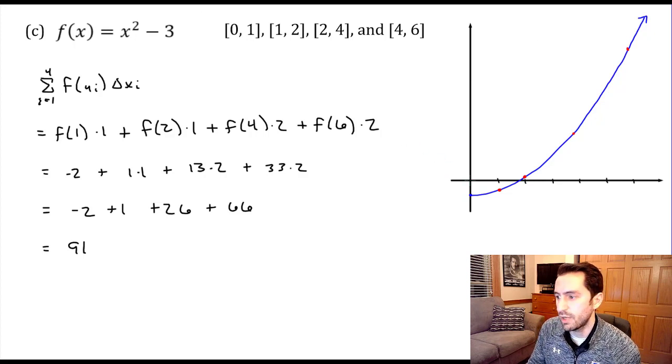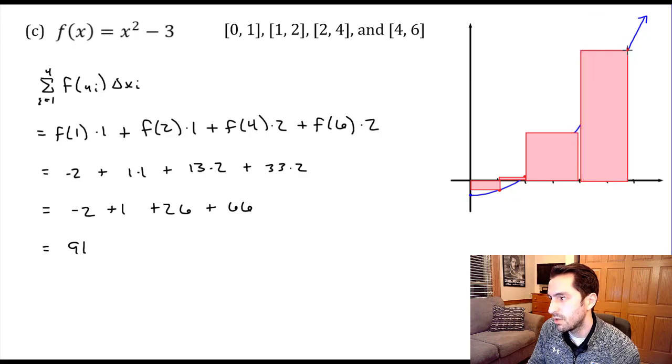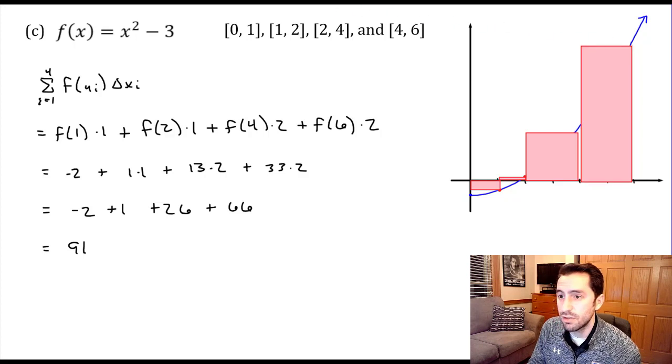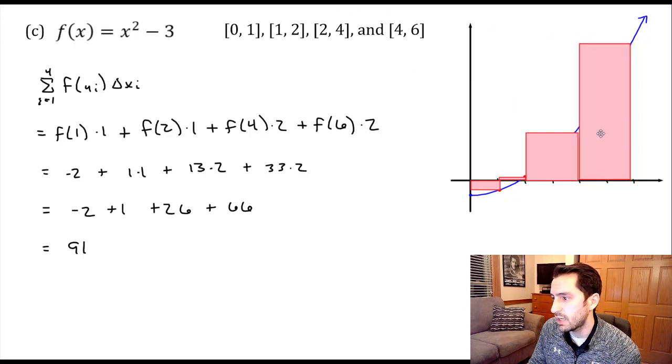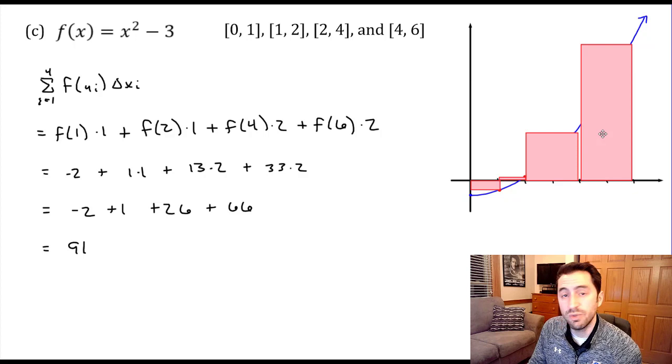And drawing in these rectangles, now in this case, it looks like we only have one rectangle that is beneath the x-axis, but this is still just representing the sum of these rectangles and not necessarily the area under the curve. And in this case, using these right endpoints, it does look like we have quite a bit of extra area, especially with this last rectangle, which is quite a bit above the graph of our function.